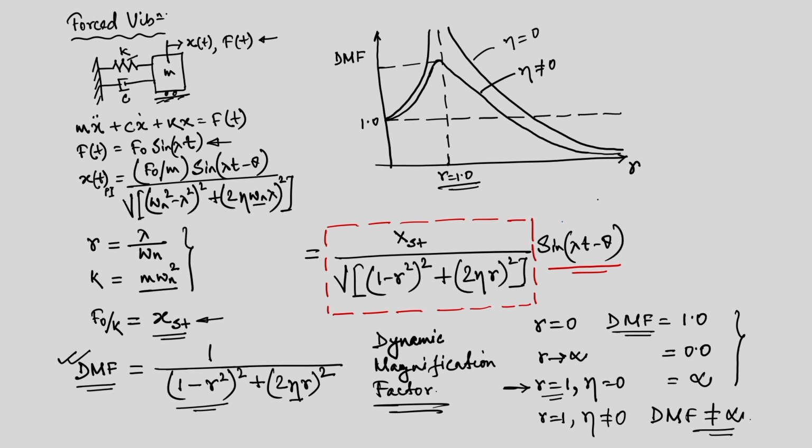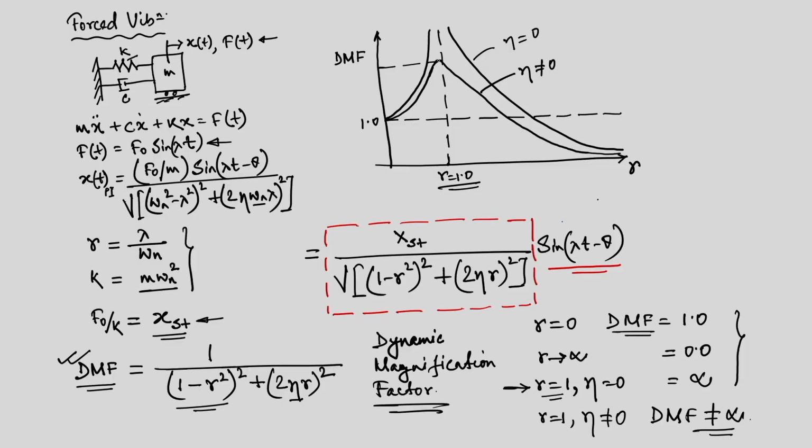That means the driving frequency is exactly equal to the natural frequency of the system. So, what we get is the expression of dynamic magnification factor. And we also qualitatively plot this dynamic magnification factor as we increase R, and we also change the critical damping ratio.